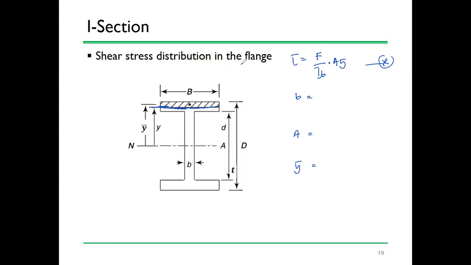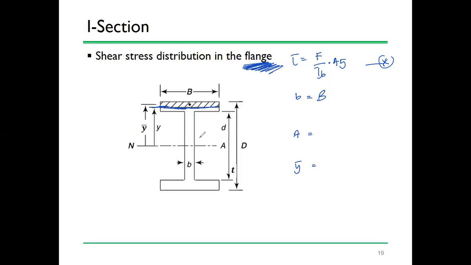And this one, we are dealing with the flange. Note, we are dealing with the flange. Okay? All right. Now, what is the B? Because we are in the flange, the width there is the capital B, and that becomes our B.